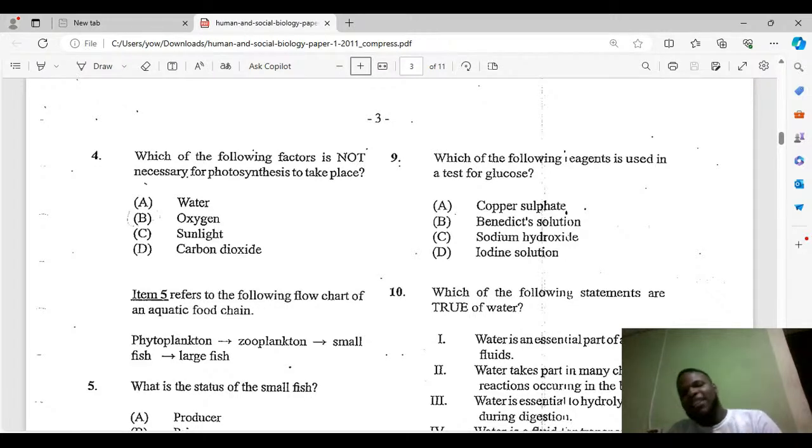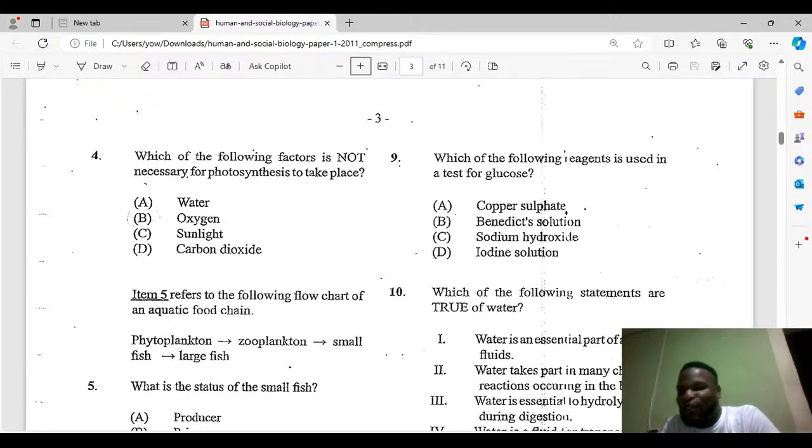You have to ask yourself what the other things are, because the next paper might just say, which of the following reagents is used to test for protein? You never know. You won't swat Benedict's and not care about the rest. You have to focus on the rest and answer them too. So sodium hydroxide is used to test for protein. If you never knew that, jot that down.